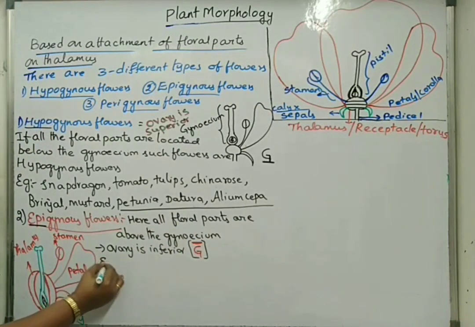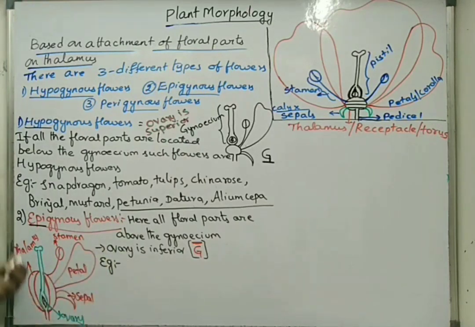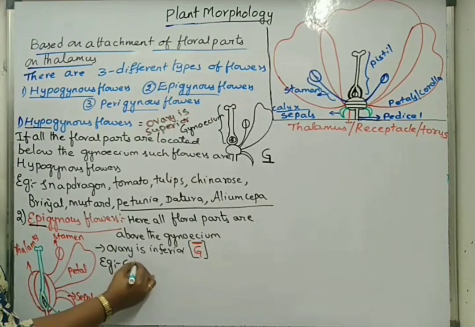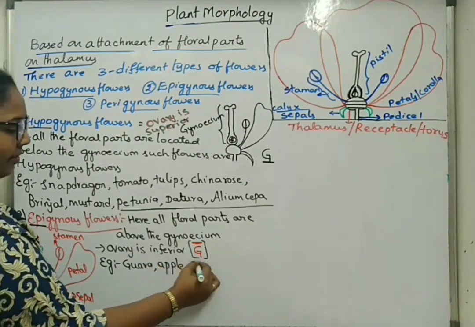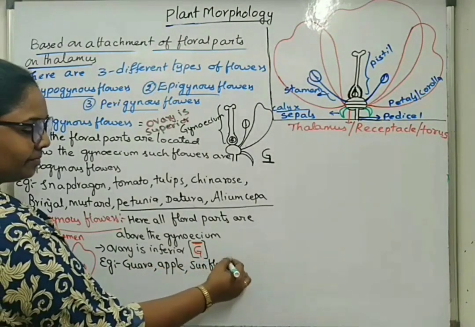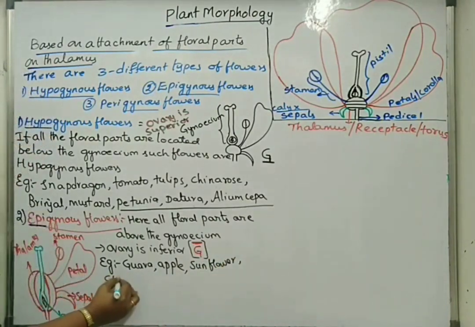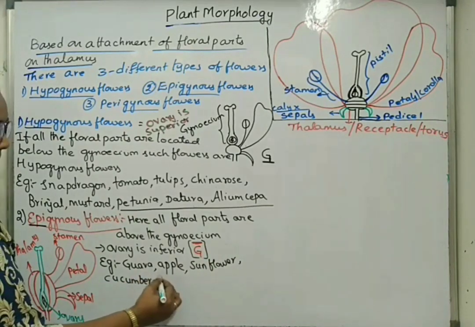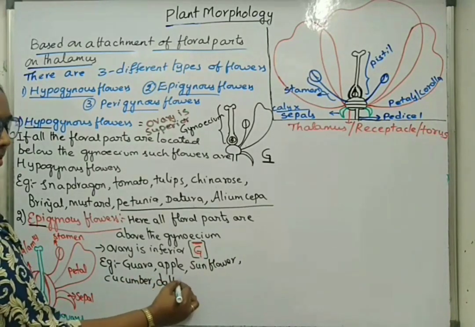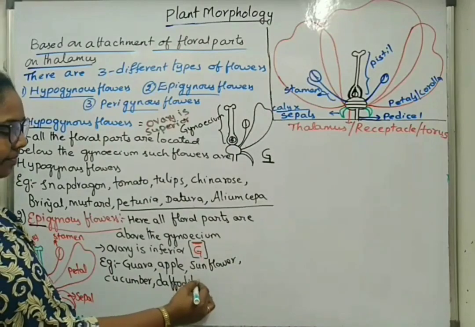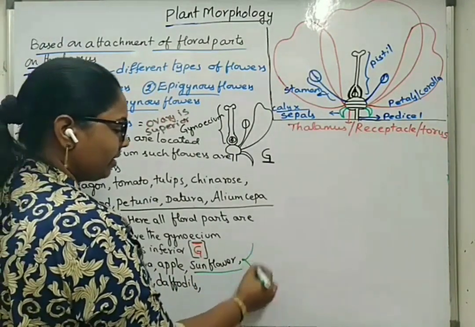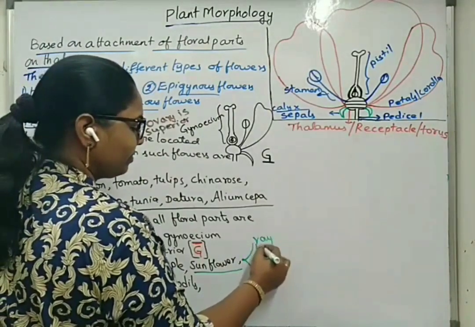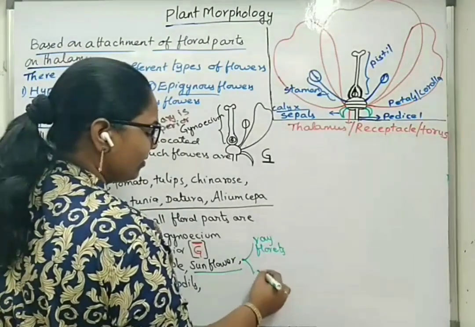So if you write examples under epigynous flowers: guava, apple, sunflower, cucumbers or cucurbitaceae. Next, daffodils. In case of sunflower, there are two types of flowers, ray florets and disc florets.